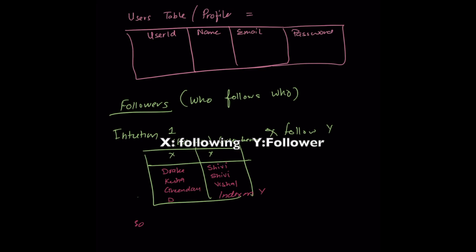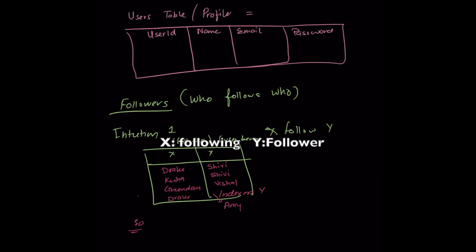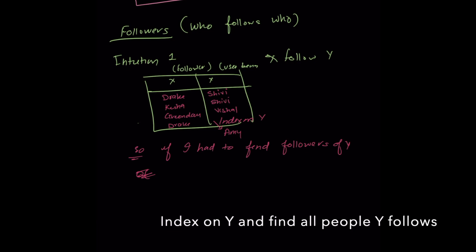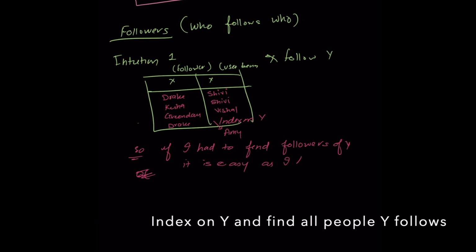Okay, and then someone else comes in and they follow Drake. Let's say it's Amy. Okay, so now if I have an index on Y, if I had to find followers of Y, or who is following Y, it is easy. Okay, it is easy because I have an index.